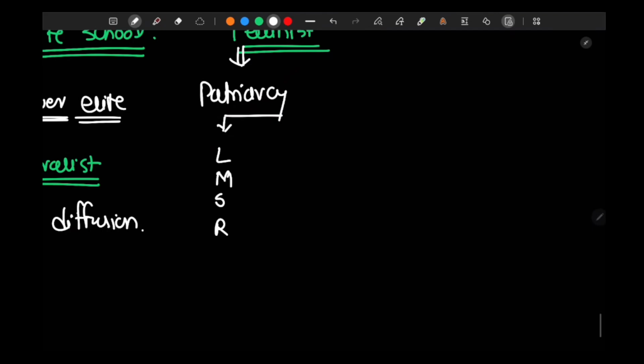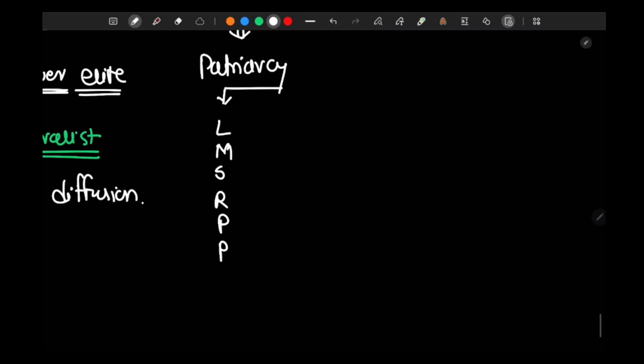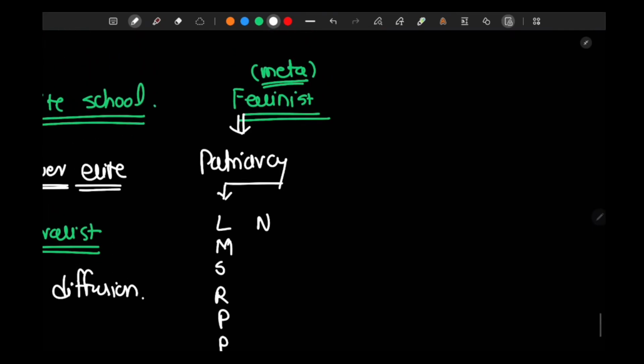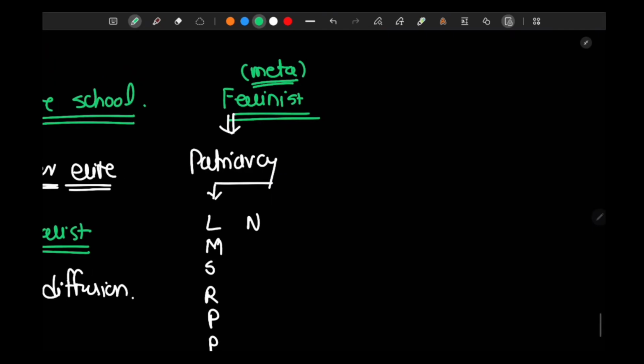There is radical feminism, post feminism, postmodern feminism. There is also Nordic feminism, Australian feminism. There is post-colonial feminism as well. They are all against patriarchy, but within feminism there are multiple schools of thought.